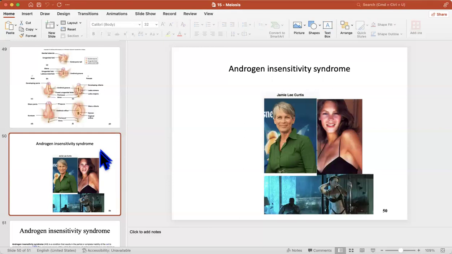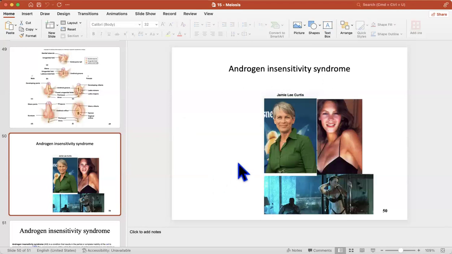And similarly here, for some embryos, the body doesn't respond to testosterone very well. Testosterone is supposed to trigger the embryo to develop into male after they have testes, but their body doesn't respond well to androgens, the male sex hormones. So it turns out they still develop a female body. Jamie Lee Curtis is pretty famous because she just got the Oscar.